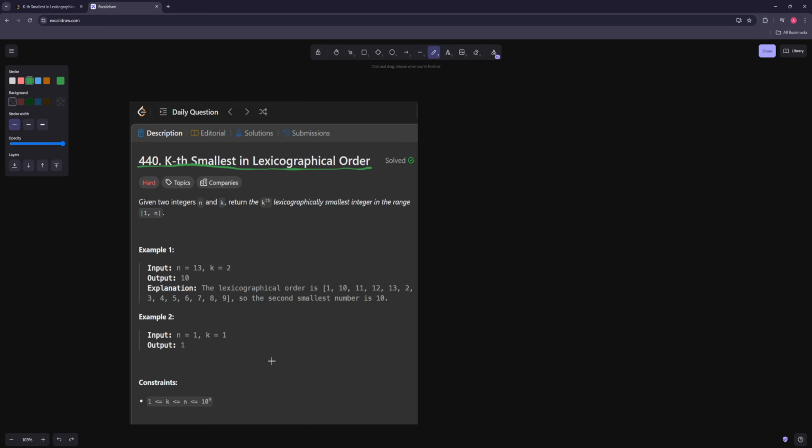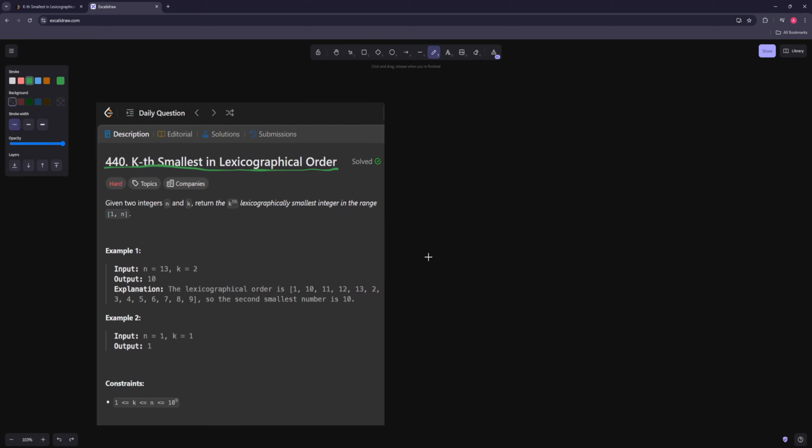The way to figure out how to do better than linear is also pretty hard in my opinion, but I'll try to explain it. The idea is we know what transition states we can have for our numbers, and we're going to go down a tree and figure out digit by digit what we want.